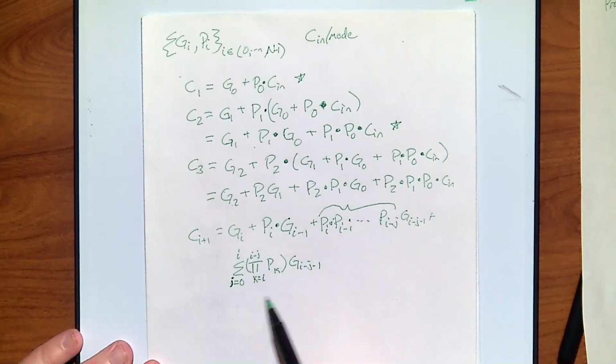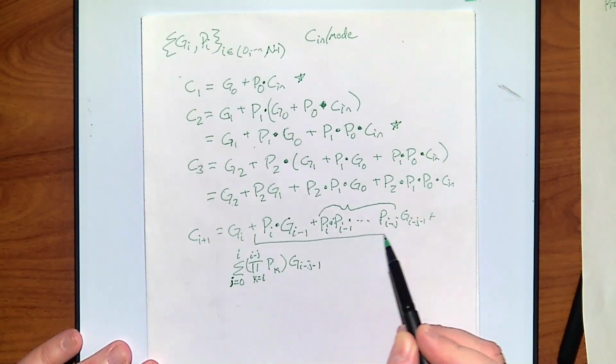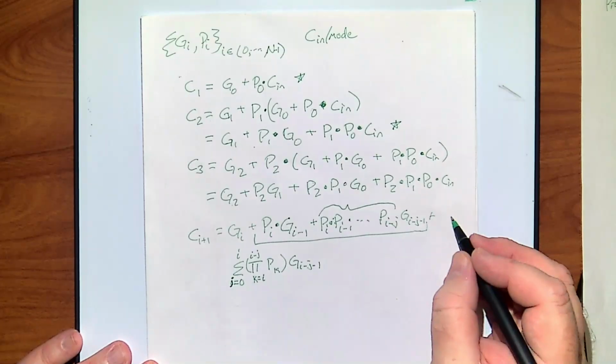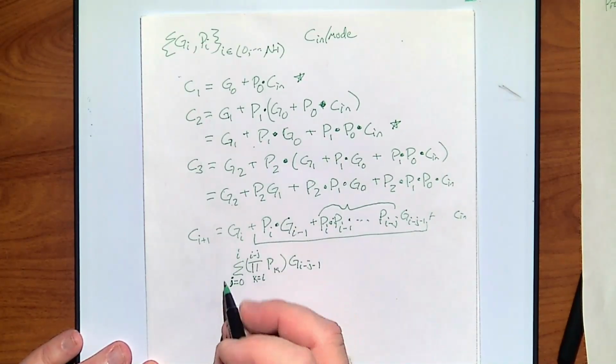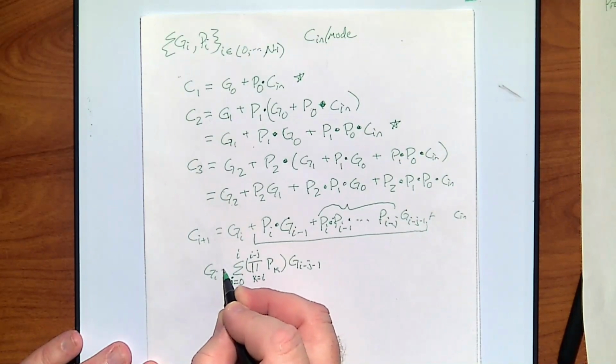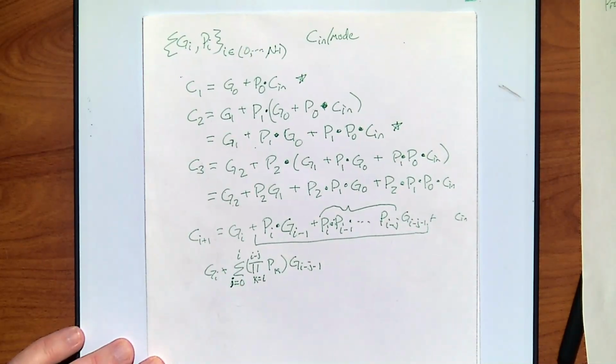So this explanation handles all this stuff in between, but it doesn't handle the Cn one. Well, this is easy to add in, right? And if you wanted to, you could adjust your indices so that the final index was higher.